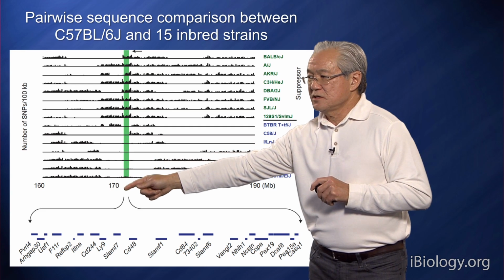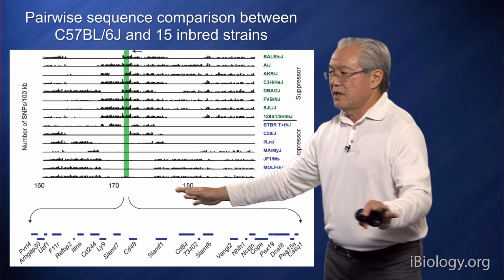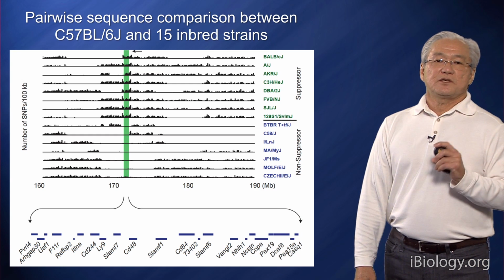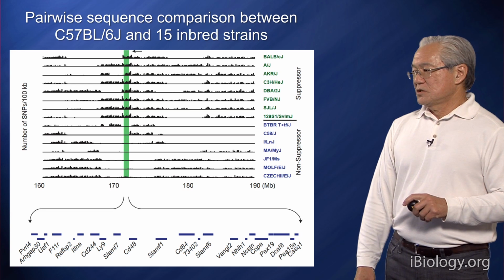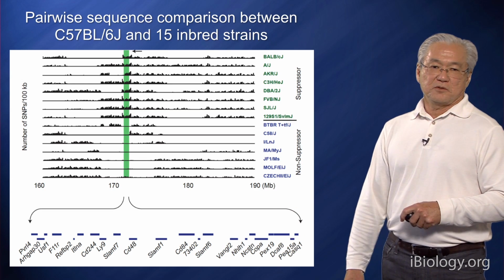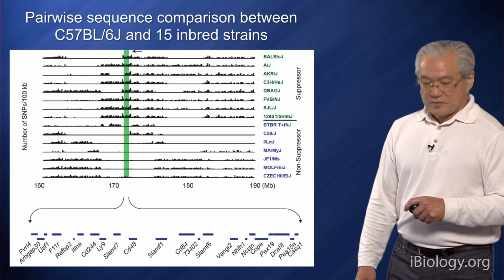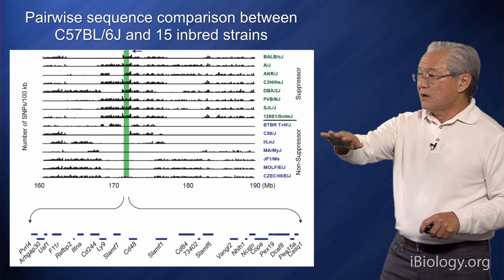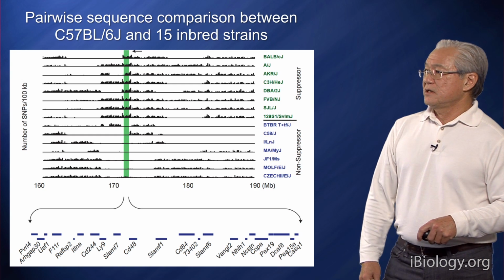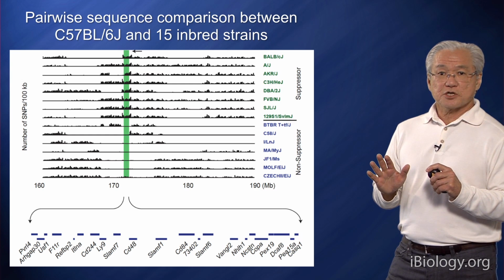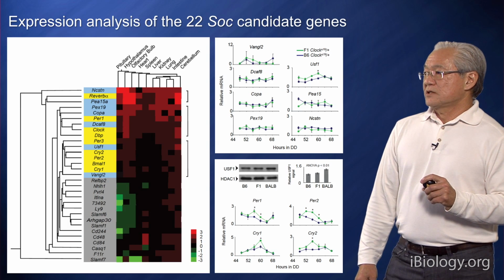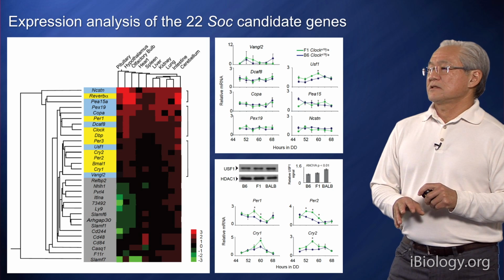And when we look at this region here blown up, we see that there are actually 22 genes there. And so 22 genes is actually a number that we can deal with. We were able to sequence all 22. We could find no obvious mutations that could explain the suppression. And so we had to use different methods.